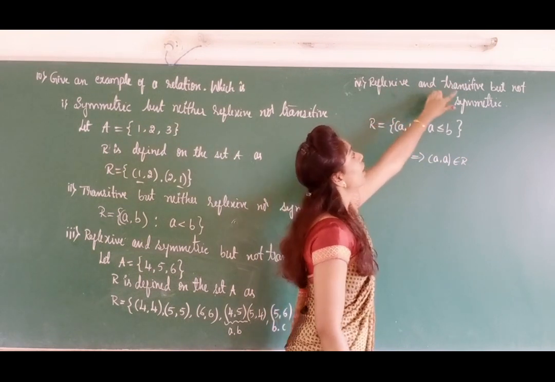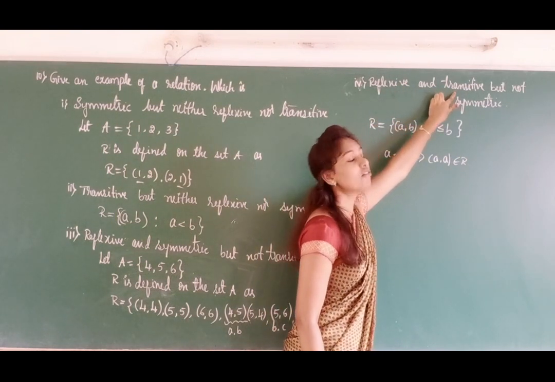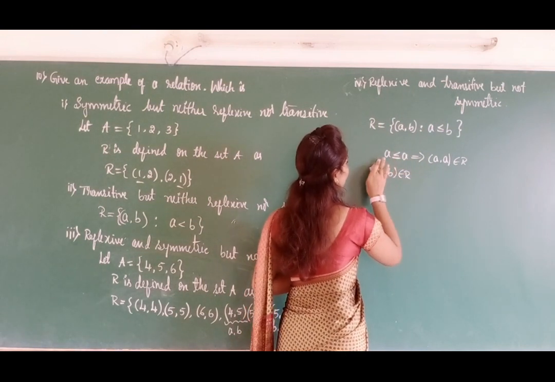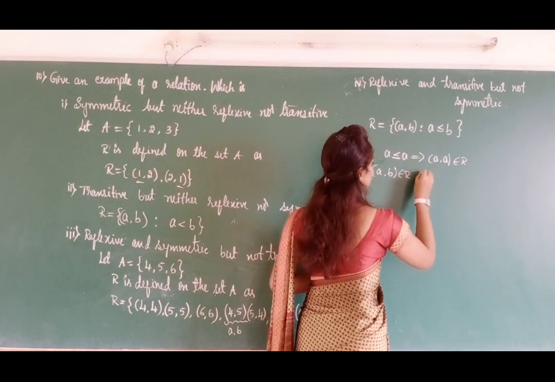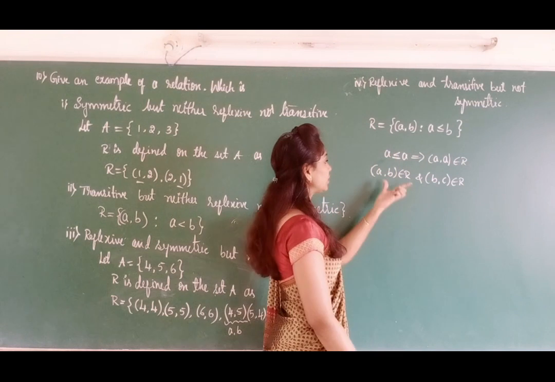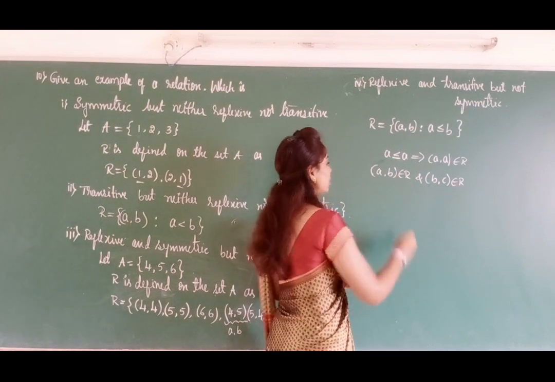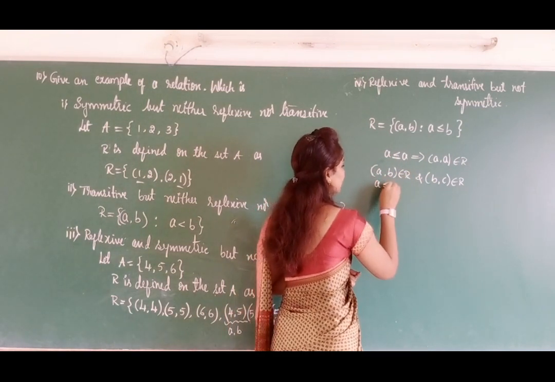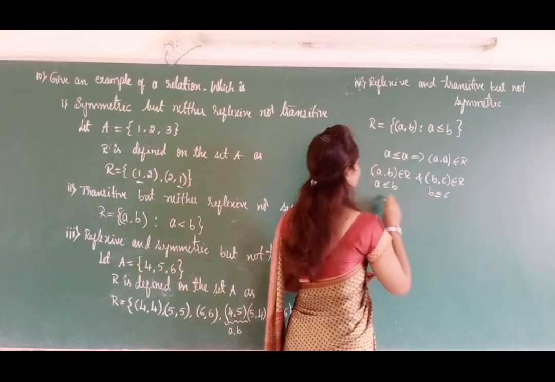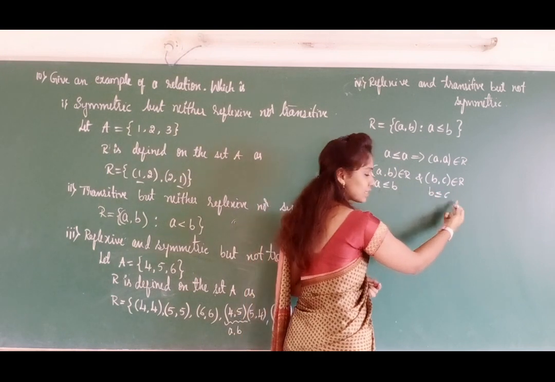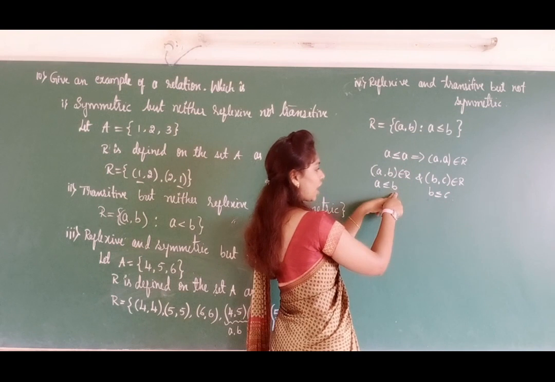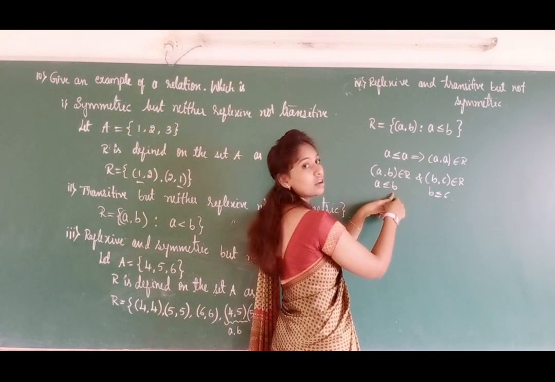And this is transitive. How is it transitive? Observe. Ordered pair (A, B) belongs to R and ordered pair (B, C) belongs to R. AB belongs to R means A is less than or equal to B. BC belongs to R means B is less than or equal to C. Substituting for B, what we get?